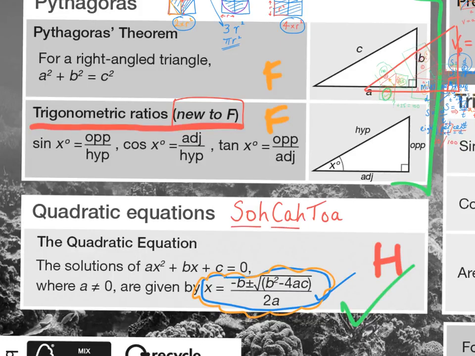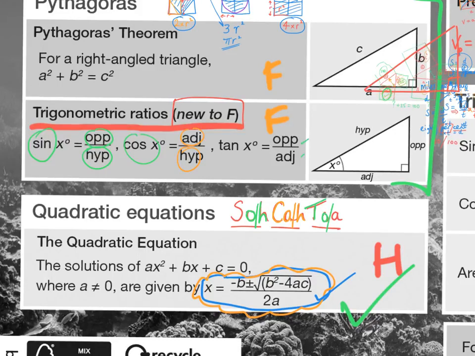And then you can say to yourself, the sine of the angle is going to be the opposite divided by the hypotenuse. The cosine here is going to be the adjacent divided by the hypotenuse. And the tangent here is going to be the opposite divided by the adjacent.